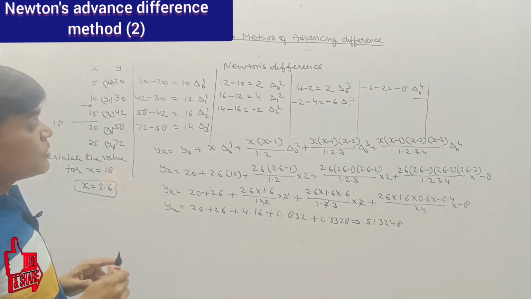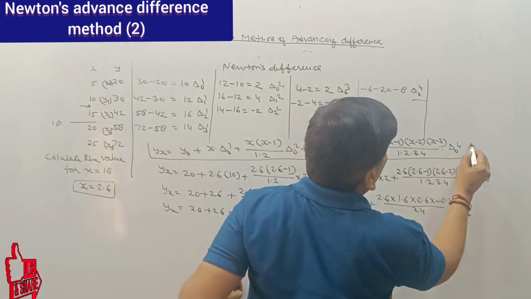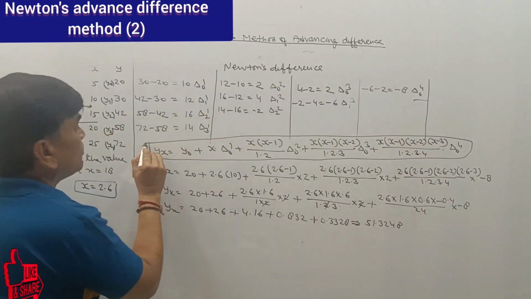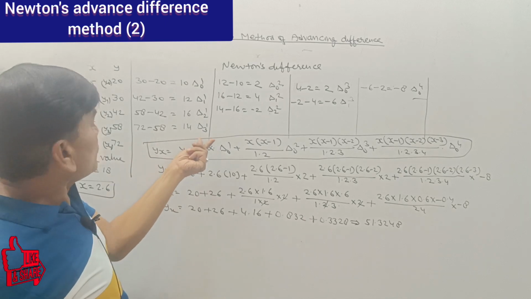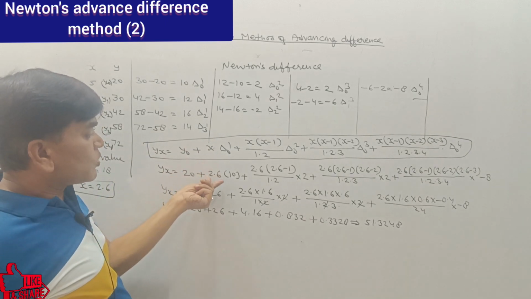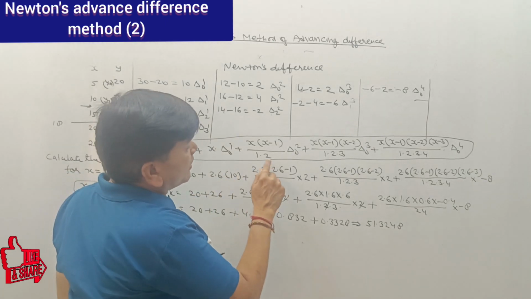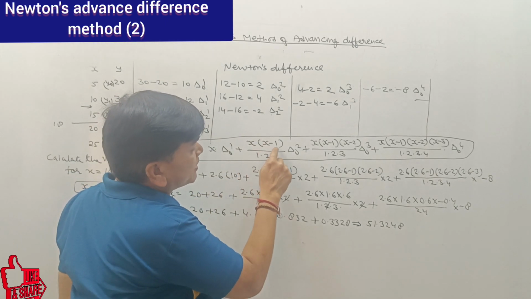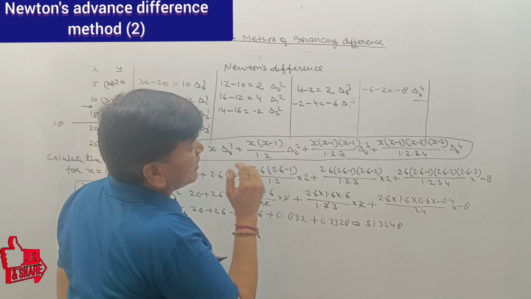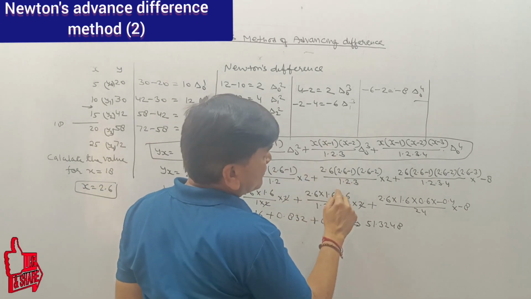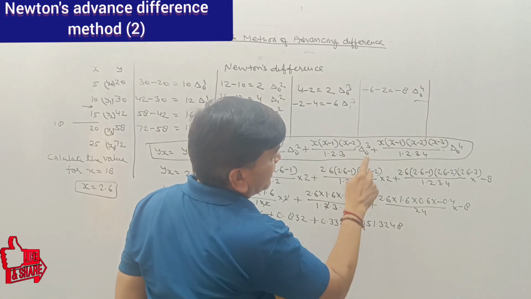Now come to the formula. This formula I have already written 2 or 3 times. So the y0 value is 20, the x value is 2.6, already calculated. So 2.6 multiplied by 10 plus 2.6 minus 1, that is 1.6, over 1 2, then 2.6 minus 1, that is 1.6, 2.6 minus 2, that is 0.6, over 1 2 3, multiply by 2.